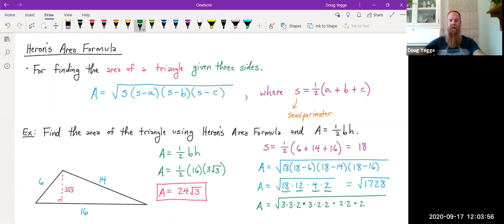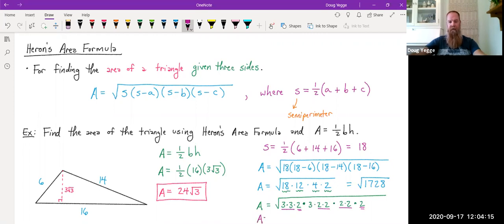The reason why we did this is because now we can start taking out these pairs of factors, since the square root of 9 equals 3, the square root of 4 is equal to 2, the square root of another 4 is equal to 2, and notice how I have another factor of 2 that I can pull out.